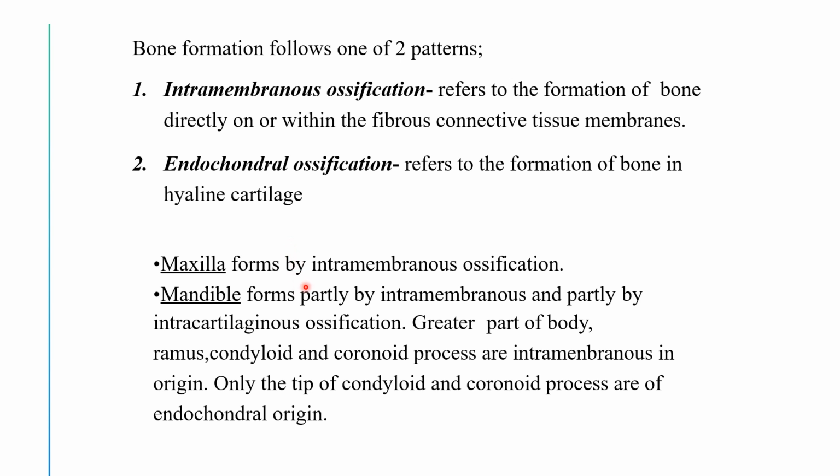The maxilla, for example, forms by intramembranous ossification, and the mandible forms partly by intramembranous and partly by intracartilaginous or endochondral. The greater part of the body, ramus, condyloid, and coronoid process of the mandible are intramembranous. Only the tip of the condyloid and coronoid process are of endochondral origin.